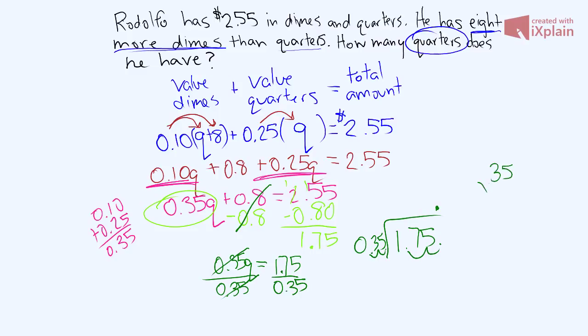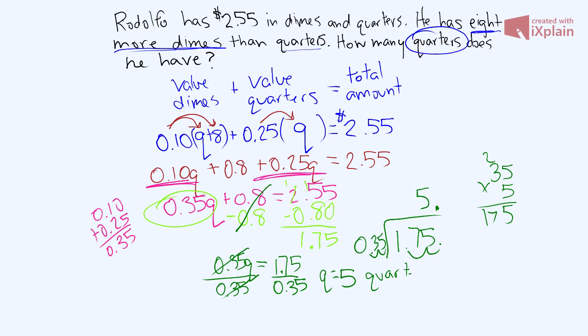Let's try 5 times, right in the middle. 5, carry the 2, 175, all right, 5. So 5 tells us q equals 5 is the number of quarters.